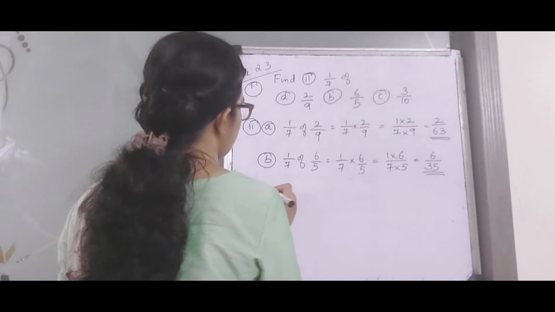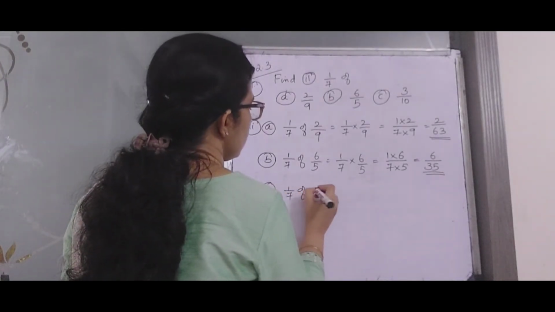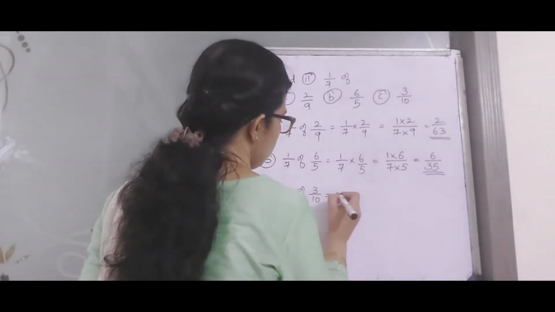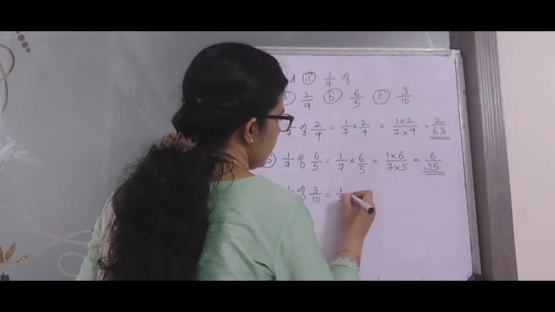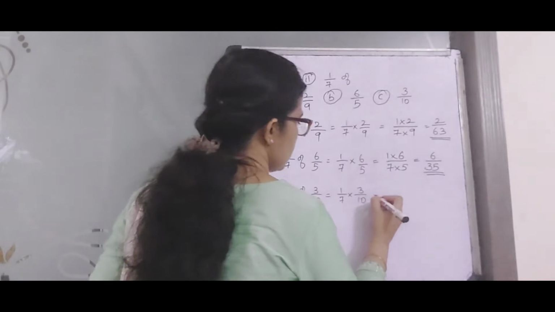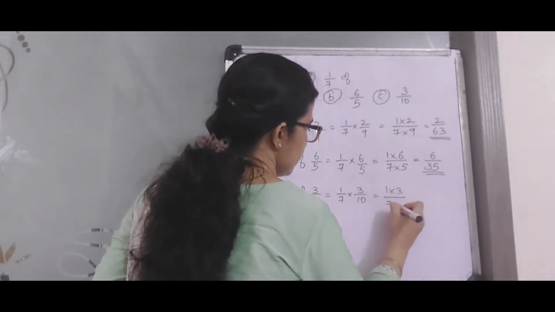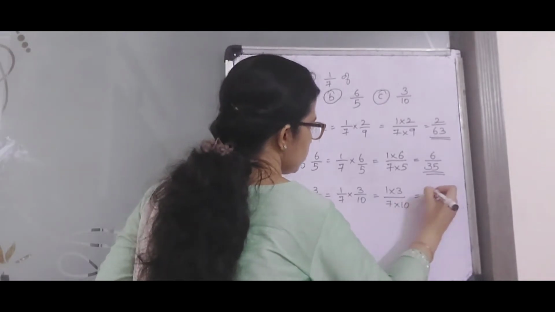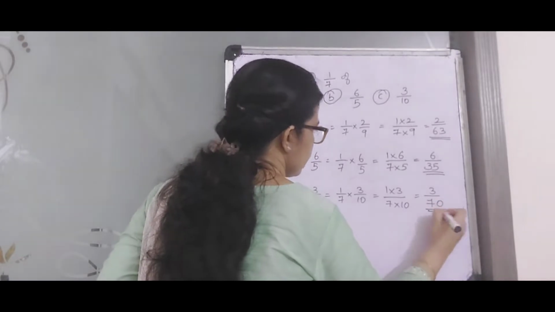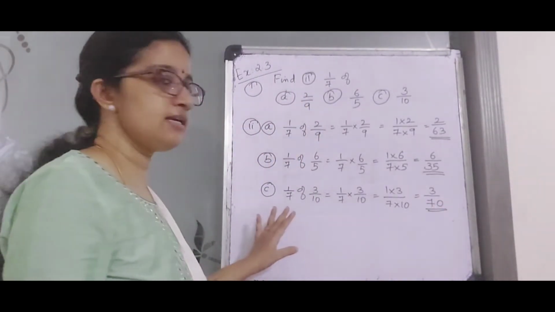Now let's take the C part. 1 by 7 of 3 by 10 is equivalent to 1 by 7 into 3 by 10, which is equivalent to 1 into 3 divided by 7 into 10, equal to 3 by 70. Clear? Now let's go into the second question.